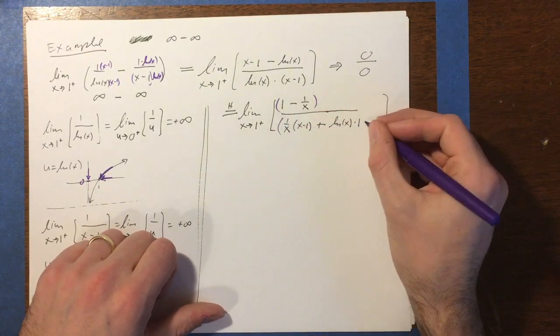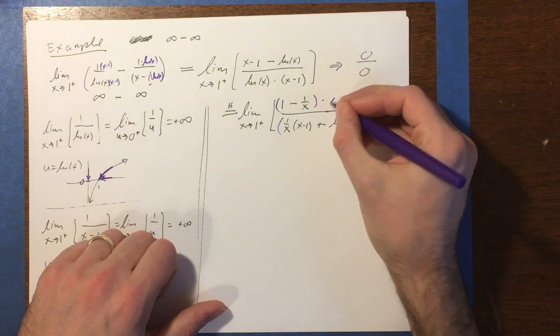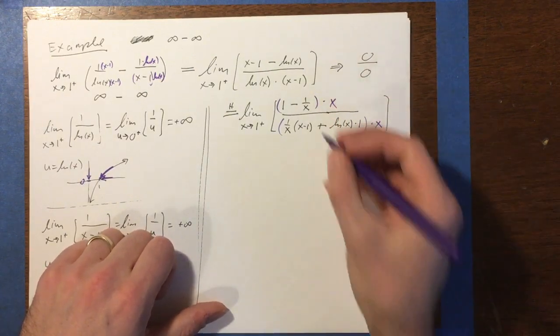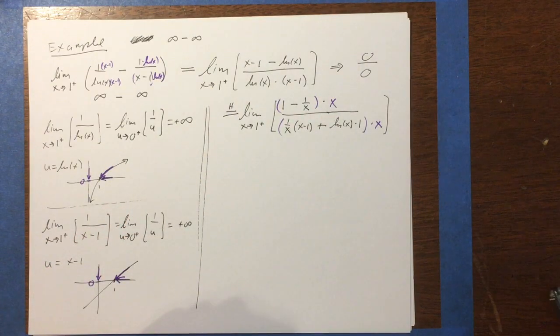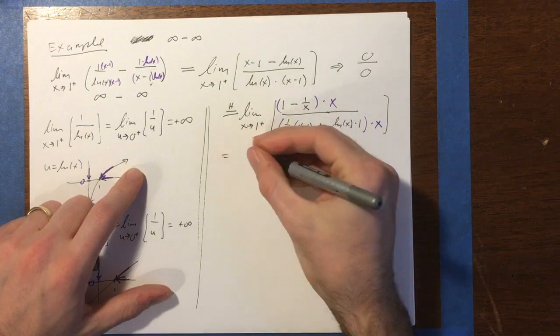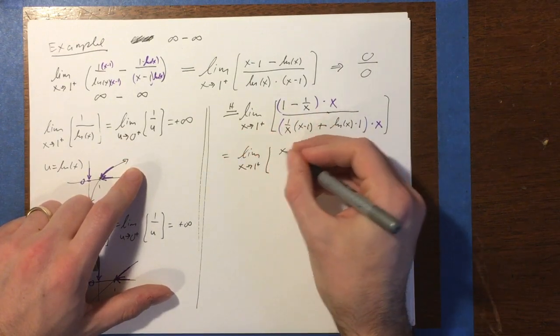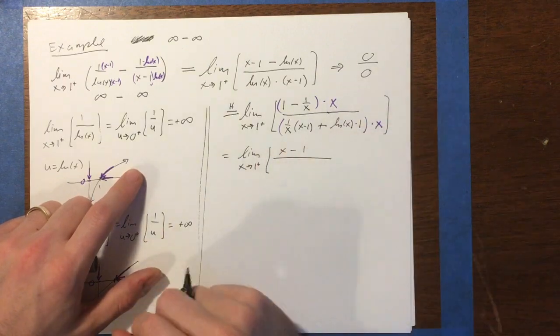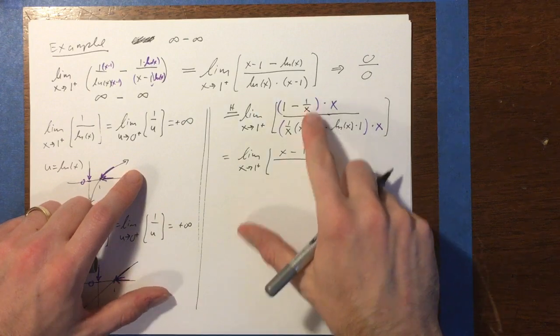So what I want to do is simplify this a little bit before we do another L'Hopital. So let's multiply both the numerator and denominator by x, because that's going to clear away the fractions and give me a simpler function. So that step there is going to give me x minus 1 in the numerator, much easier to work with. I'd rather differentiate that than the rational function there.